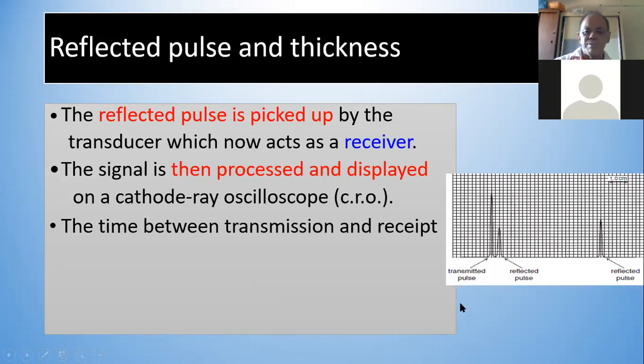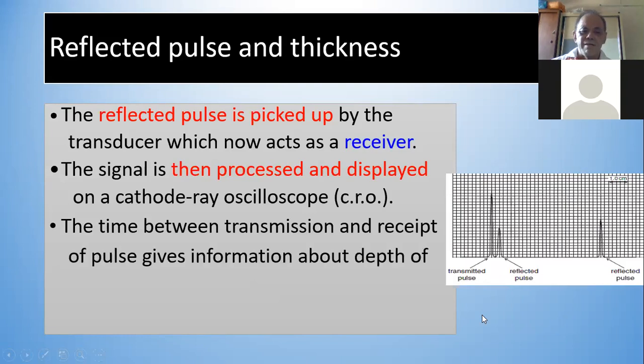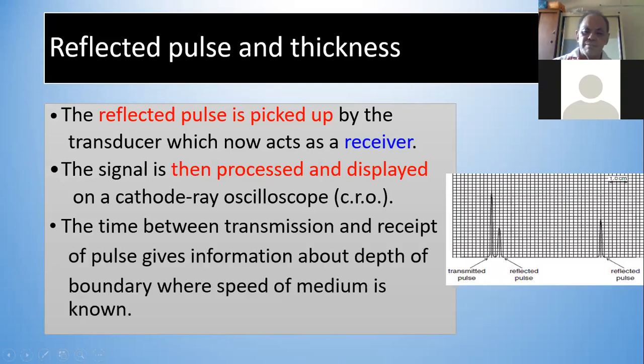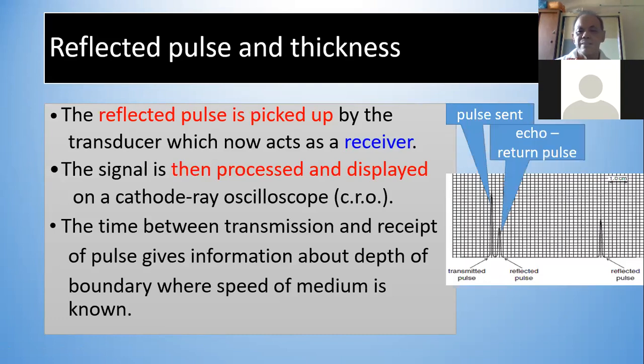The time between the transmission, that's the pulse that we send, and the reception, the echo received back for the first layer, gives information about the depth of the boundary, given the speed of the medium, which must be given or known.